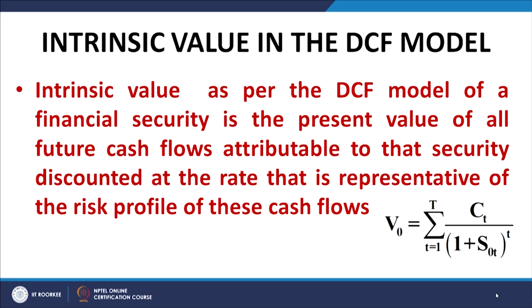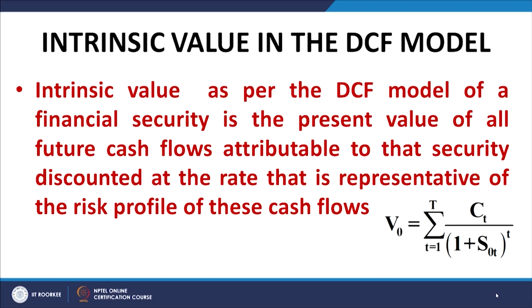Now, then I talked about the intrinsic value as computed by the discounted cash flow model. As per the discounted cash flow model, the intrinsic value of a security is the present value of all future cash flows that may be attributed to that particular security, discounted at a rate which is appropriate to the riskiness of realizability of the cash flows.